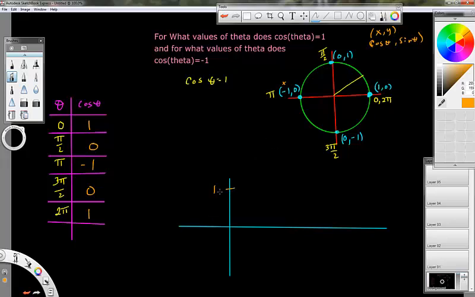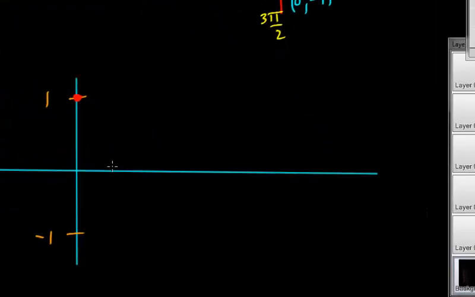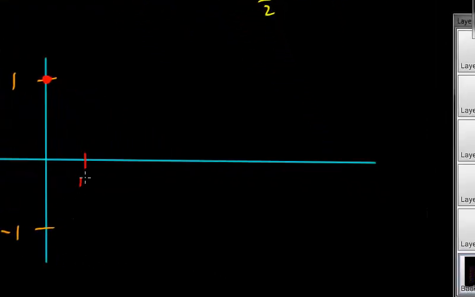Since I know that you know how this is going to work out, I'm going to put the 1 and the negative 1 here. I'm going to call this 0, of course. But my first point is going to be 0, 1. So let's see, we'll do it in red. Make it kind of dramatic there. There's the first point. And then at pi over 2, I'll just space this out here.